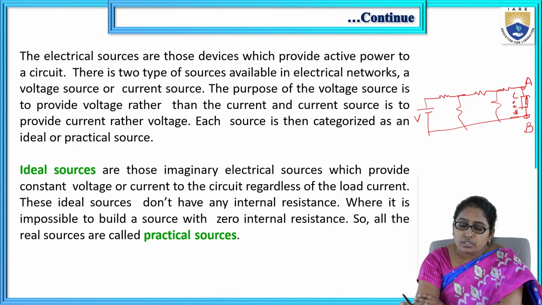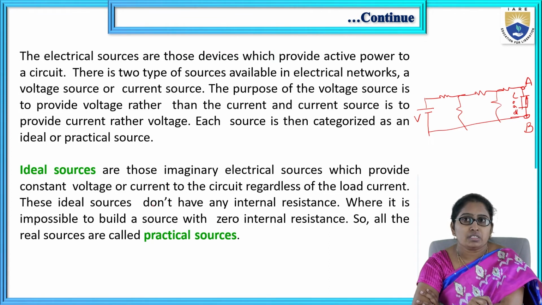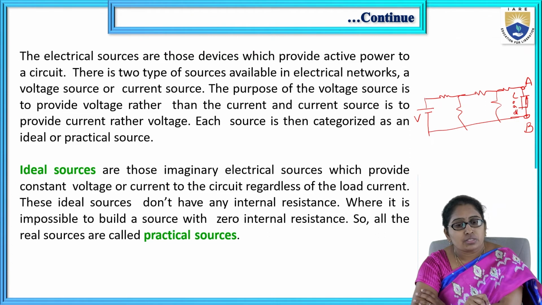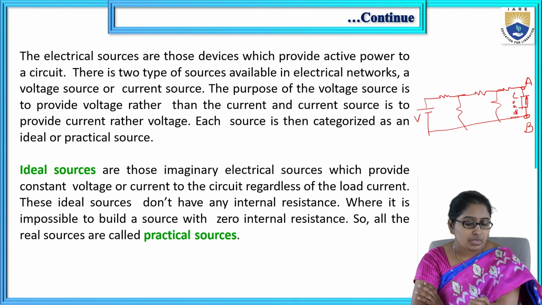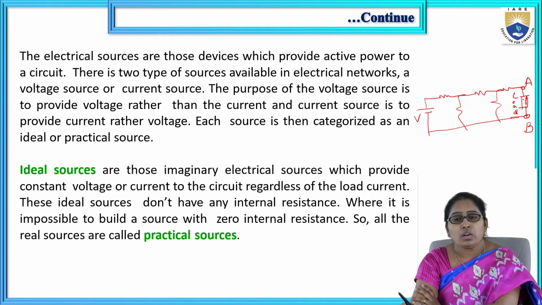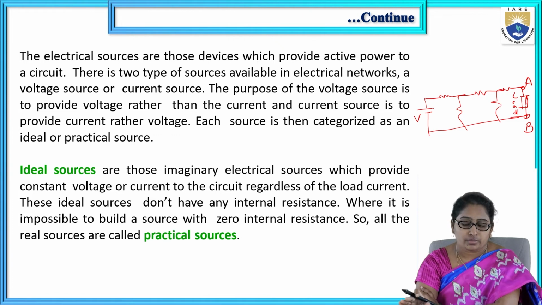Coming to our topic, an ideal source provides constant voltage or current. If it is a voltage source, it provides constant voltage, and a current source, regardless of the load, whether a small consumer like a domestic consumer or a big industrial consumer, supplies constant voltage or current.